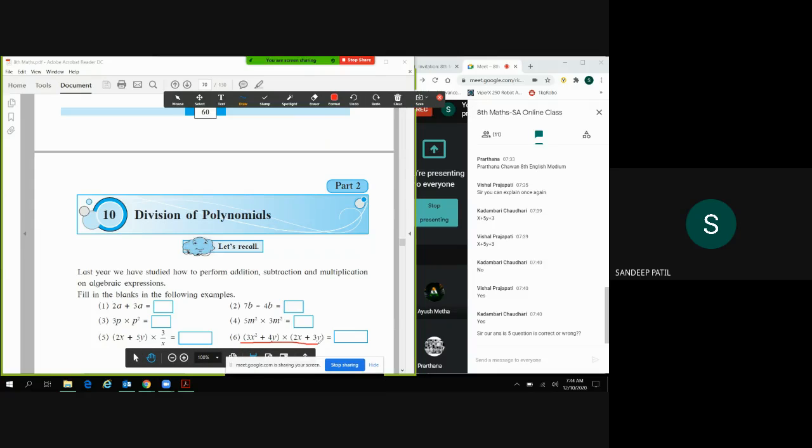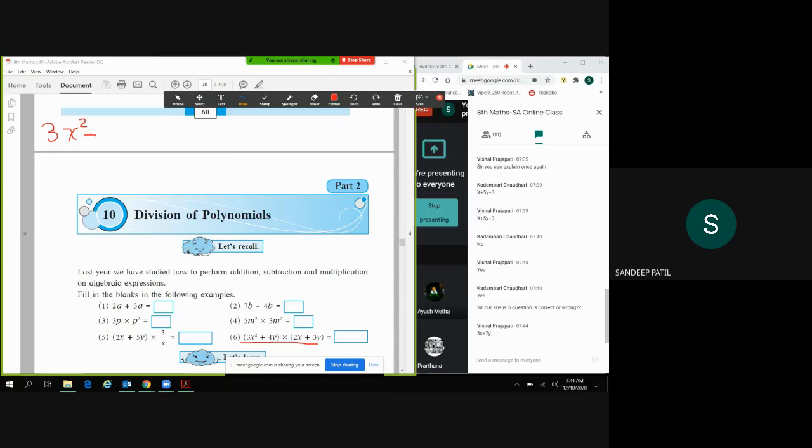But yeah, going forward, we can see the answer for this. Okay, I think it's maybe difficult for you guys, but we can try. We can try with 3x square into 2x plus 3x square into 3y.